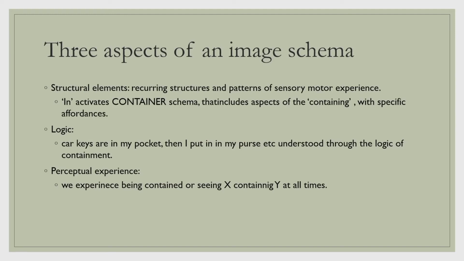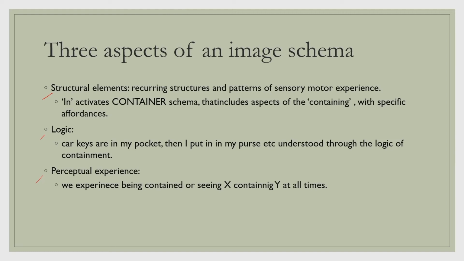Now, when we talk about schemas individually, we have to look at three aspects of an image schema. Each schema has three primary aspects. One is called the structural element, then there is a logic and there is a perceptual experience. Why do we talk about perceptual experience? Because we are looking at this entire issue from the perspective of embodied cognition.